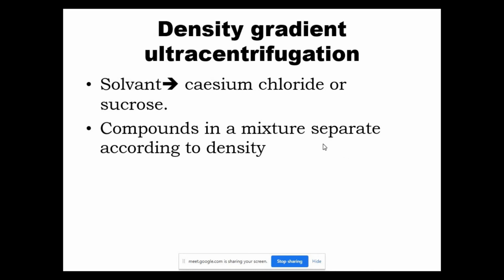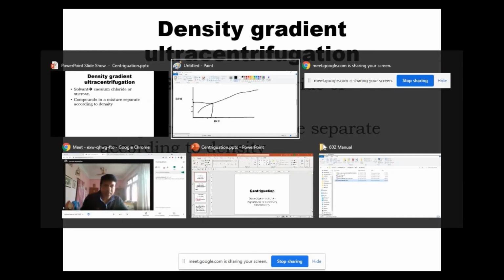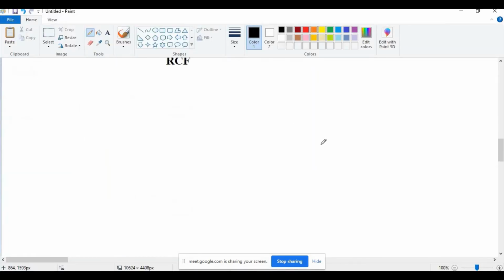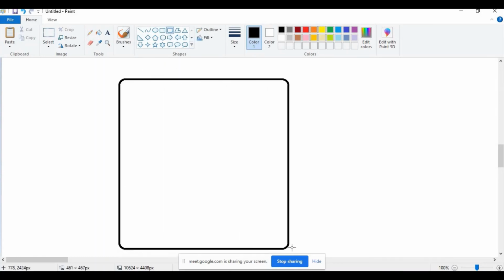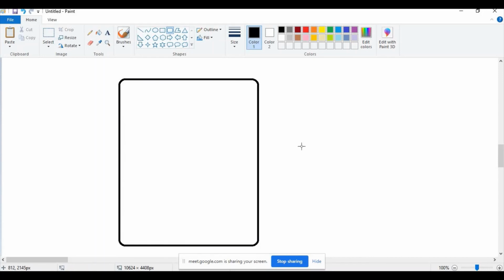I can show you here. Say, for example, this is the tube where we have put this density gradient medium, sucrose or cesium chloride.